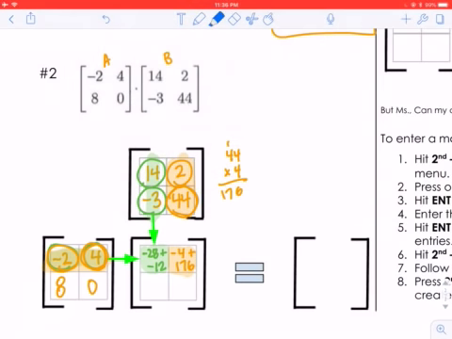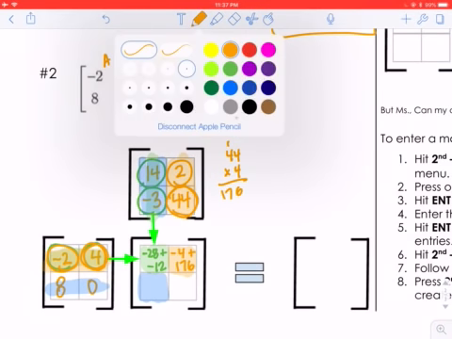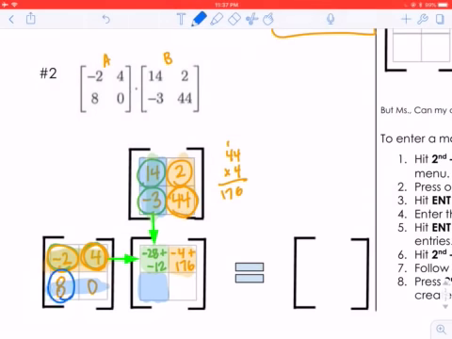And then we can do blue. So if I'm doing this section here, and I'll go with this one here, that'll create this blue section. So I'll have 8 times 14. That's annoying. So I'll do 8 times 14, 32, 112, plus negative 3 times 0, just would be 0.